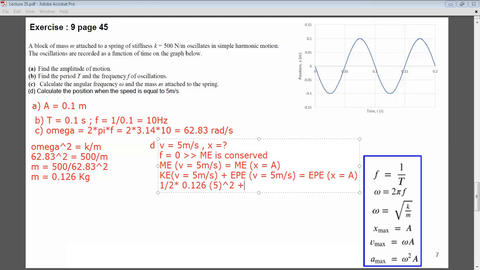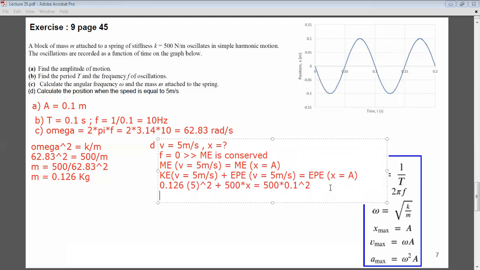Plus half k x squared, with k equal to 500 times x, my unknown. This is equal to half times k, which is 500, times the amplitude squared, and the amplitude is 0.1. So I just plug it in. Now this is one equation we have to solve for x. We can get rid of all the halves because they're in the whole equation. Now we solve.